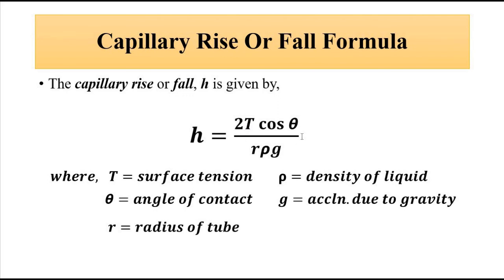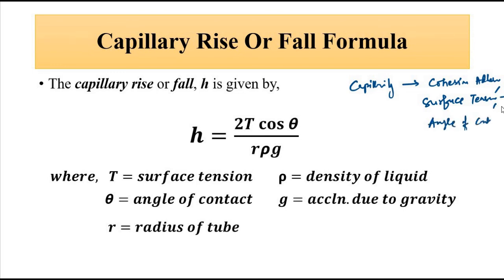Okay, so here, as I was saying, capillarity is related first with cohesion, adhesion, that is intermolecular forces, then surface tension T, angle of contact theta, and the other factors that are involved: radius of the tube, density of the liquid, and acceleration due to gravity.